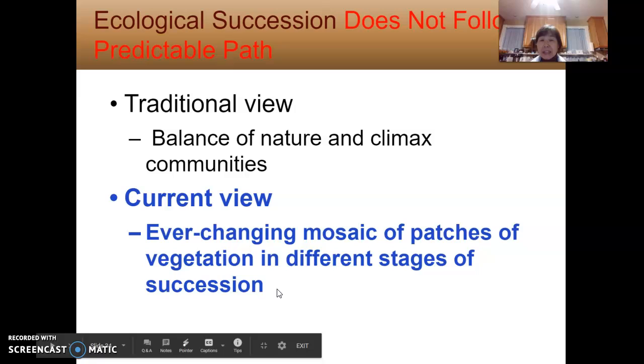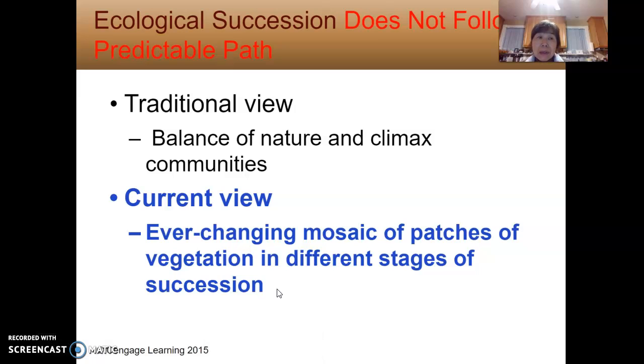So basically, ecosystems are going through constant ecological succession. Sometimes we are not able to predict the direction, because the environmental change is also out of our normal view. So just remember that ecological succession is ever-changing, updating to adapt to environmental change.